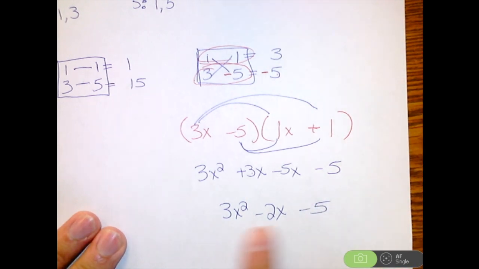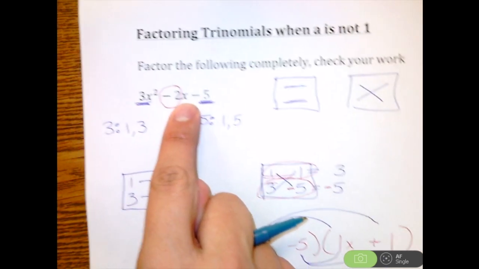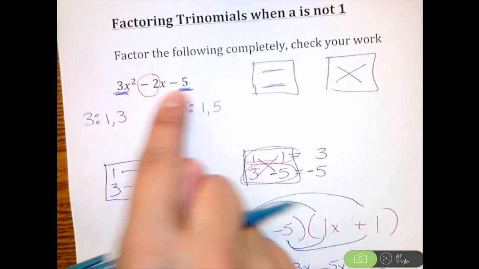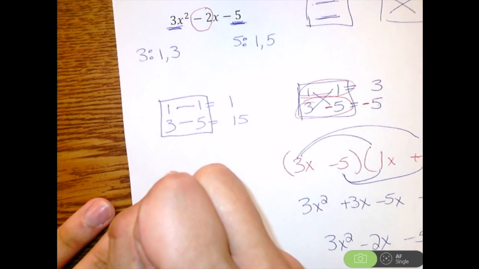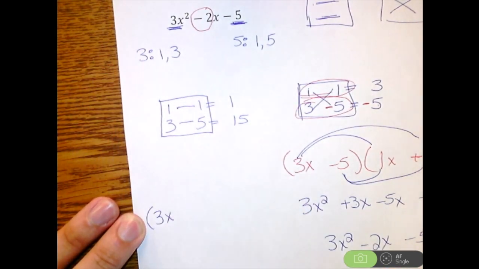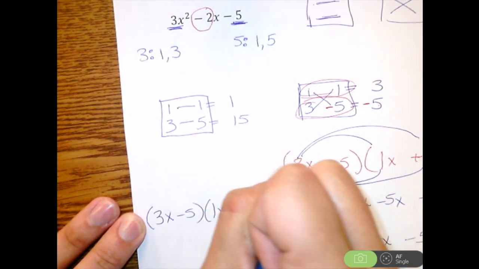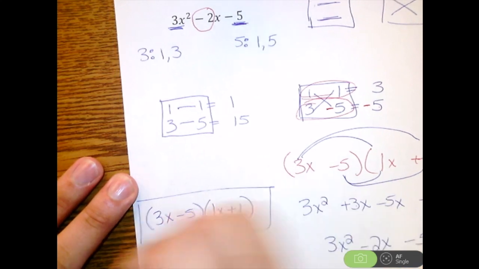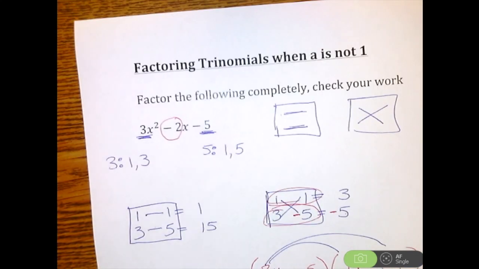If you check and you did everything right, this is the exact same as my original problem. Therefore, I know my answer here is correct. So I'm going to write this without all that writing over it: 3x minus 5 and 1x plus 1. That is my answer, and that is factoring trinomials when a is not 1 using the box method.